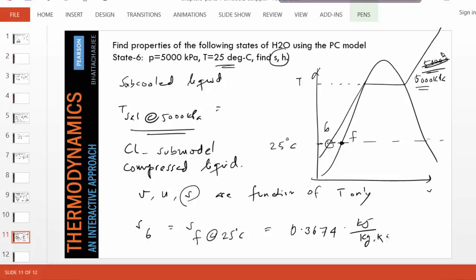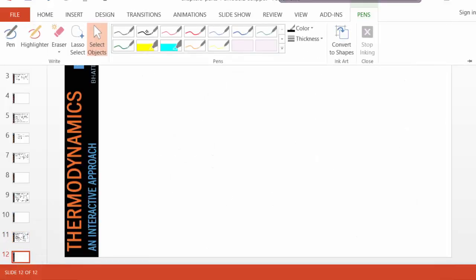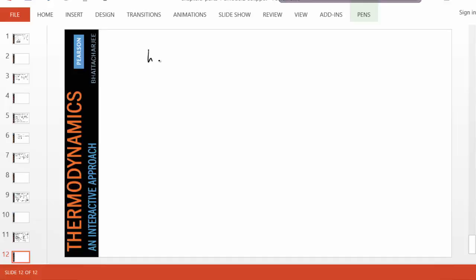But then the next question is find enthalpy. And we know for a liquid, the compressed liquid submodel tells us H is given by U plus PV, where U and V are evaluated as Uf and Vf at the temperature.